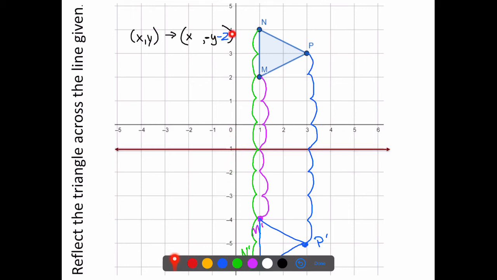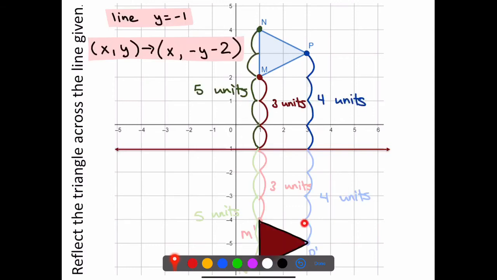So that's why it becomes negative 2. Because I'm not moving just one distance, I'm moving both distances. I need to move 1 on either side. If I don't move it on both sides, then it will not be the same. So therefore, our actual rule for this is x, y turns to x, negative y minus 2.